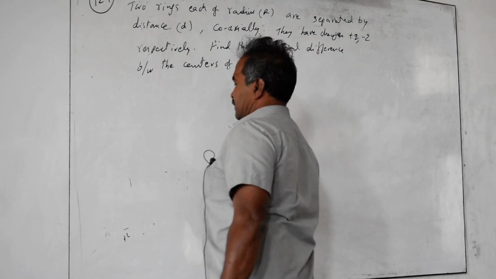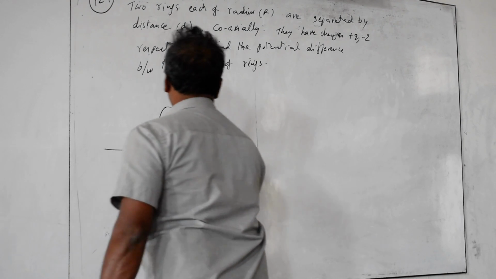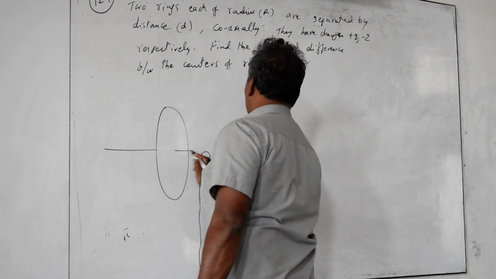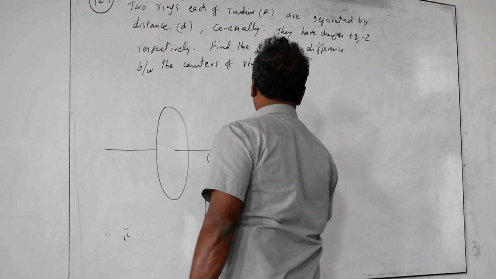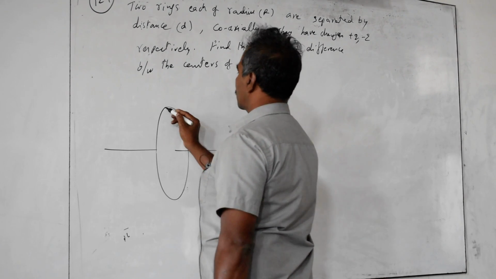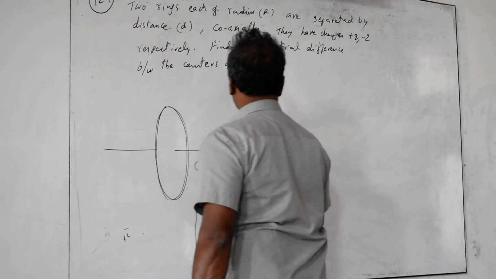You are given two rings with the same axis and the same size, with the same radius r.